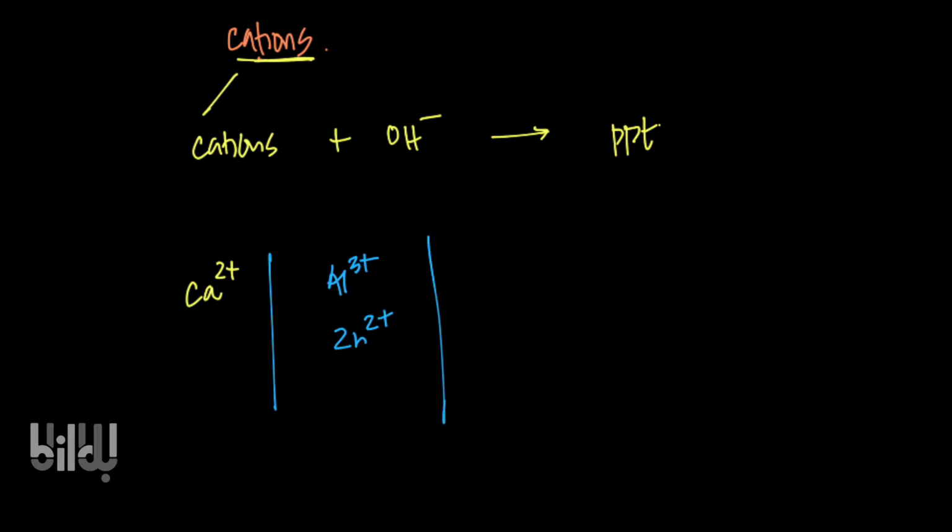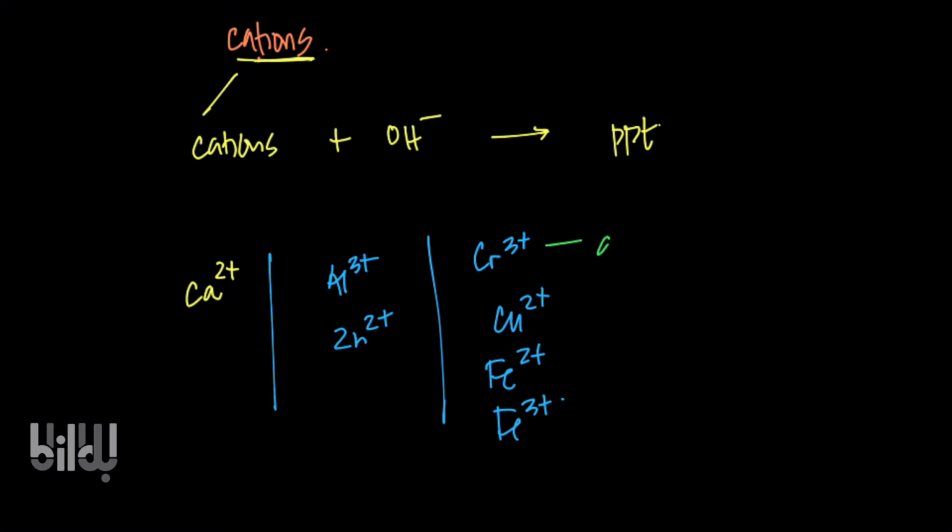You've got a couple of colored guys, which are chromium, copper, iron 2 and iron 3. These guys are colored, these are amphoteric, and this is group 2. These are going to make colored precipitates.